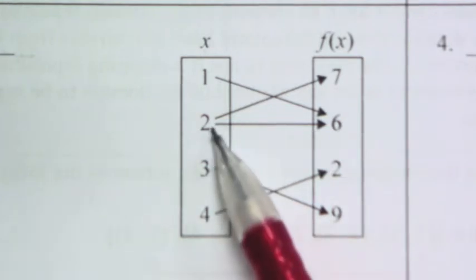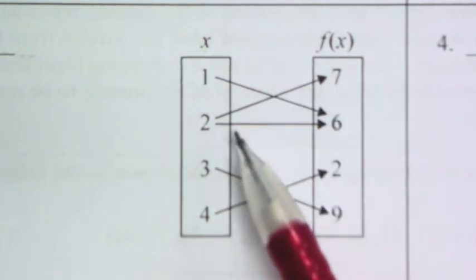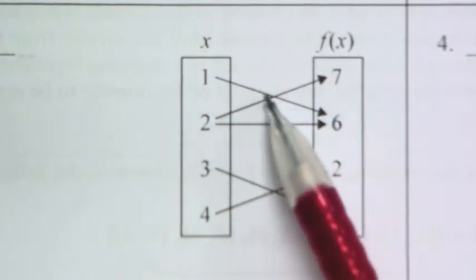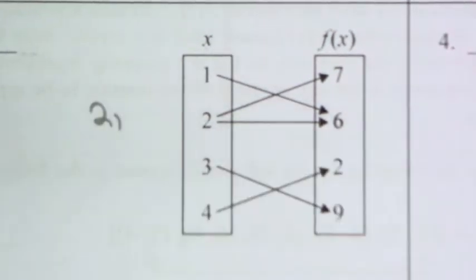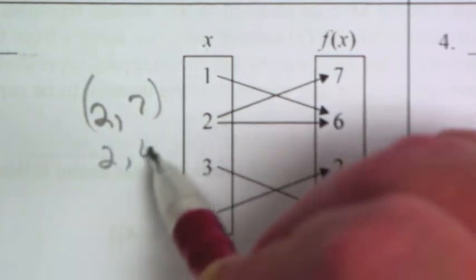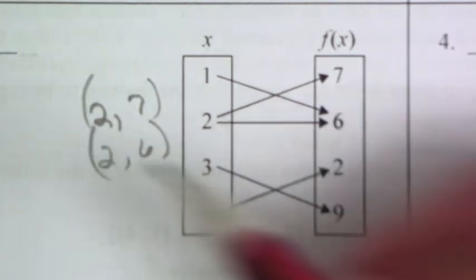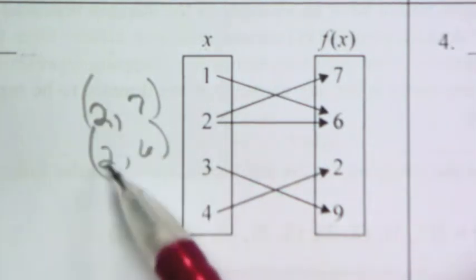But if I put in a 2, see these two arrows coming out? It says if I put in a 2, I get a 6 and a 7. Since two arrows come out, I have two values, (2, 7) and (2, 6), which means this is not a function because the domain repeats and shows up twice.